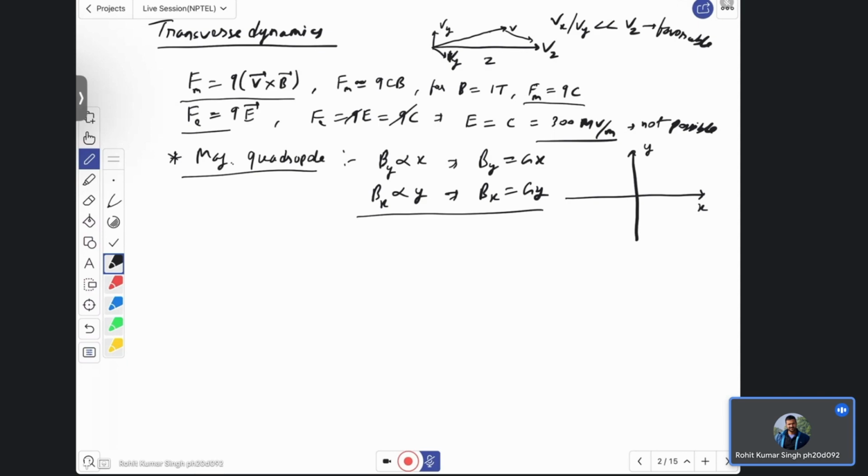In this, the XY axes are in the plane and the Z axis is coming out of the screen. So the force due to this kind of magnetic field will be given like this. Let me just write it and explain.